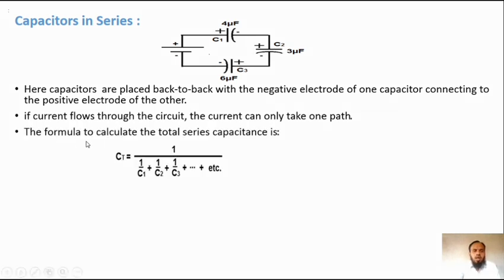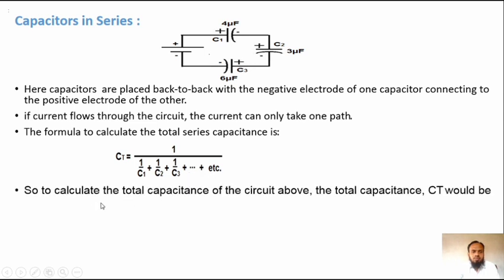Here the formula to calculate the total series capacitance is total capacitance CT is equal to 1 by C1 plus 1 by C2 plus 1 by C3 plus etc. So to calculate the total capacitance of the above circuit, here there are three capacitors of 4 microfarad, 3 microfarad and 6 microfarad.